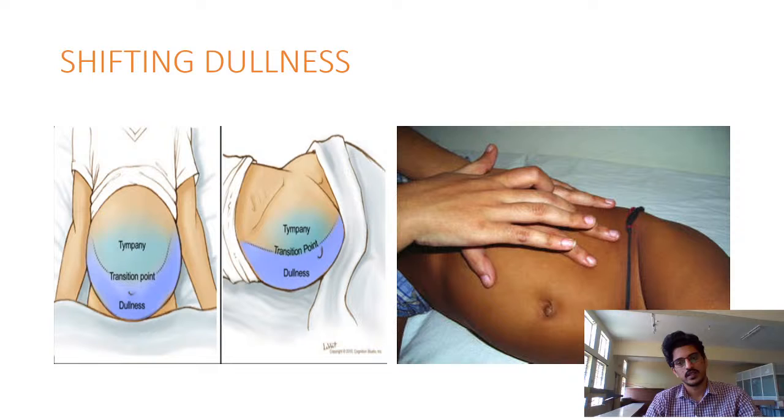So in case of right lateral decubitus, the fluid is shifted from the left quadrant to the right quadrant, and you feel tympanic now. Initially what you felt as a dull note, now you feel resonant. This is called shifting dullness basically.